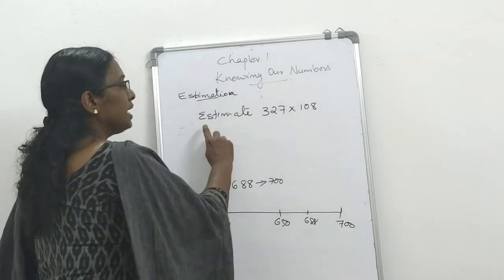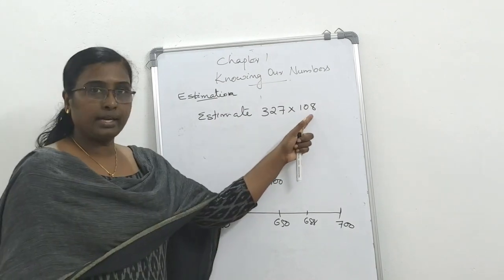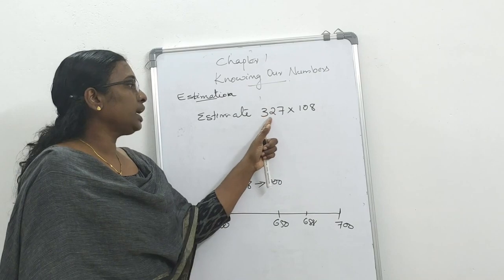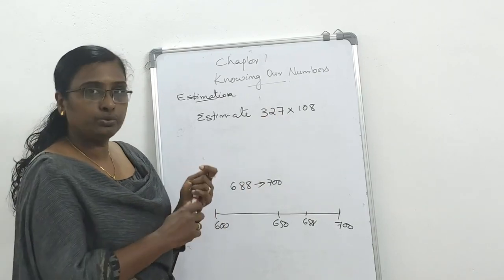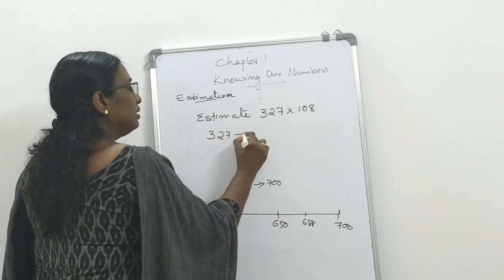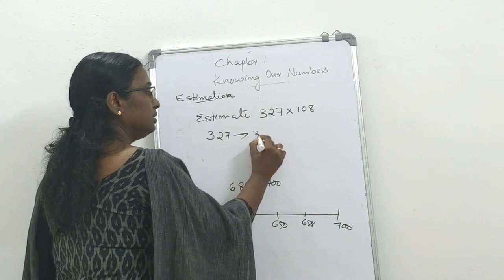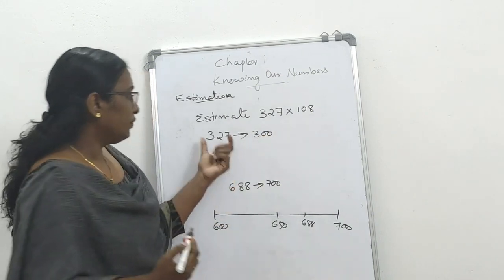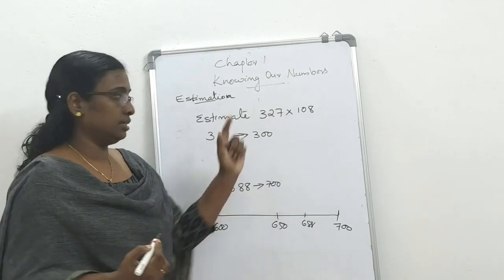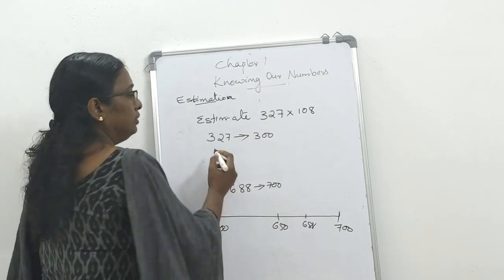Here the question is to estimate the product 327 into 108. So we find the estimated number of 327 rounded off to 100. The estimated number of 327 is 300 because 327 is closer to 300 than 400. So its estimated number is 300.